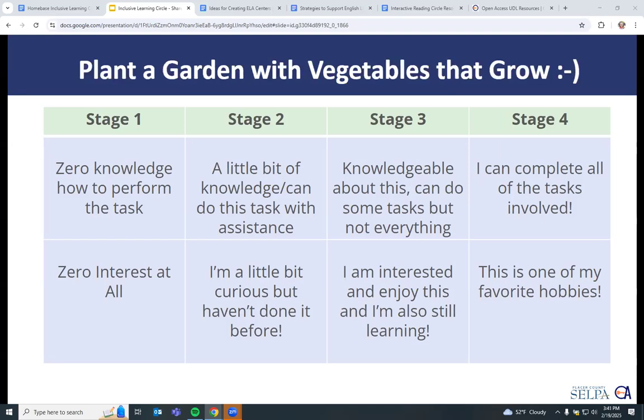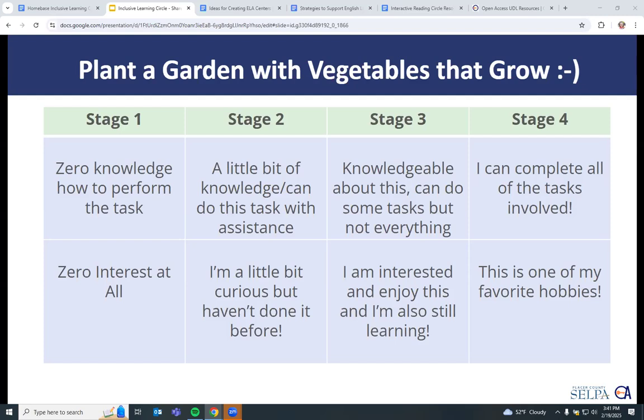Okay, so the first scenario is planting a garden with vegetables that actually grow. So think about your interests or your knowledge and what category you fall in. Perhaps you have 0 interest, or you're a little bit curious, interested, but just have never tried it.